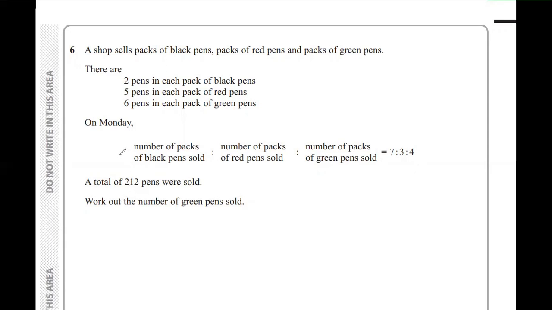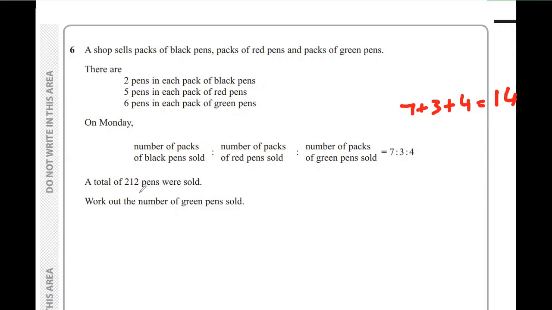Right, one of the common mistakes many students make here is to divide 212, the total number of pens, by the sum of these ratios, which is 7 add 3 is 10, 10 add 4 is 14. So many students would try to divide it by 14.